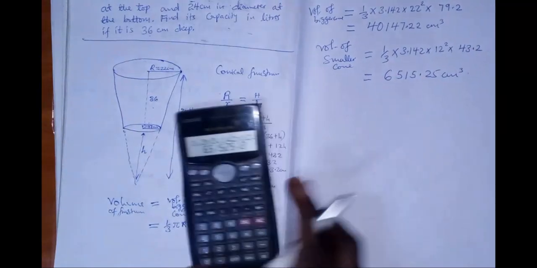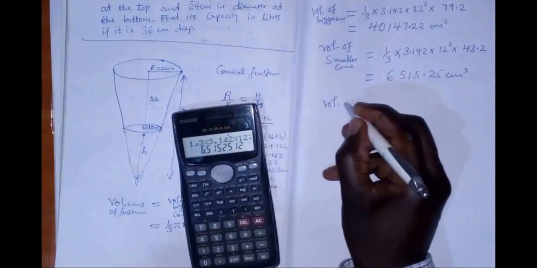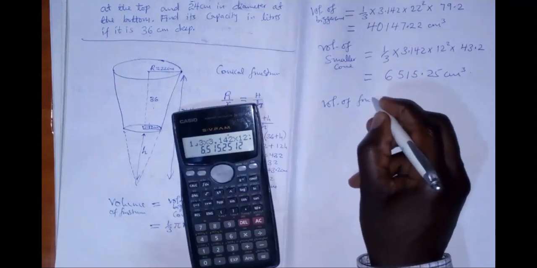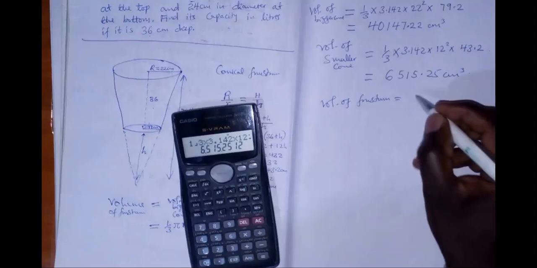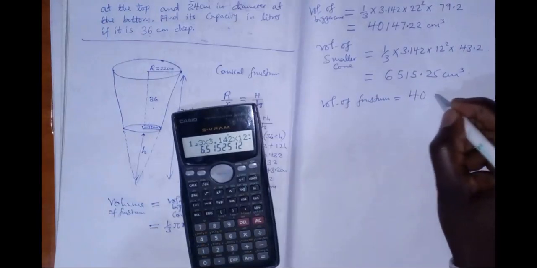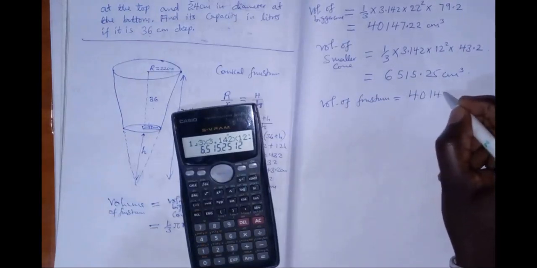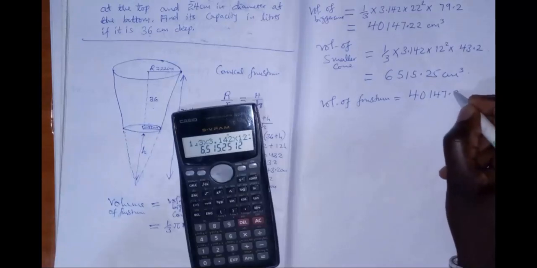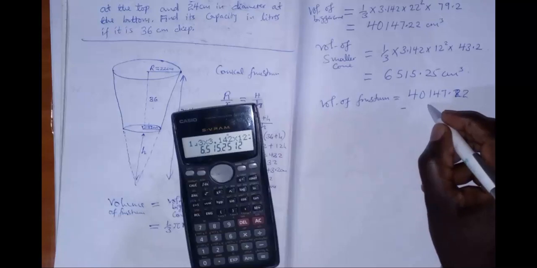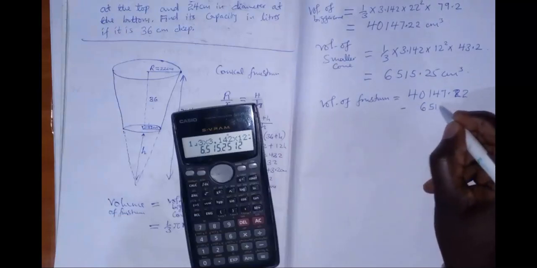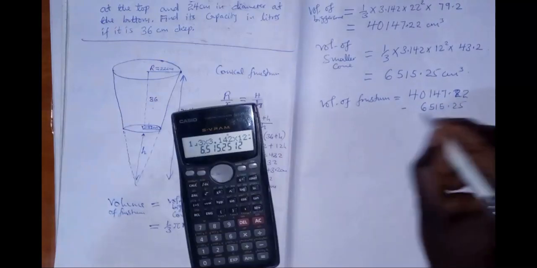And therefore volume of frustum, we take the volume of the bigger cone, 40,147.22 minus 6,515.25.